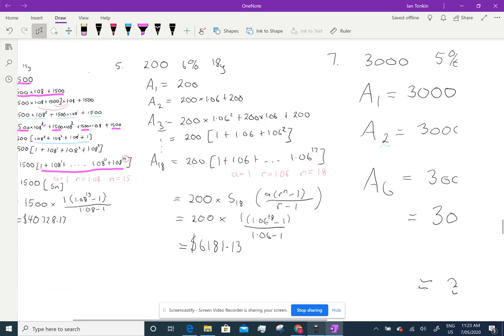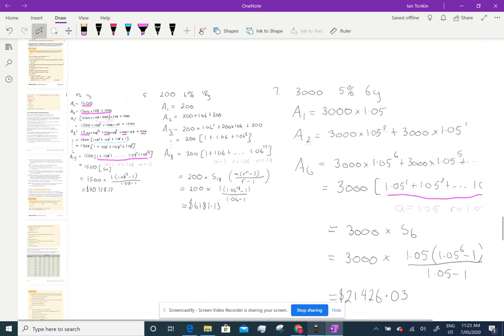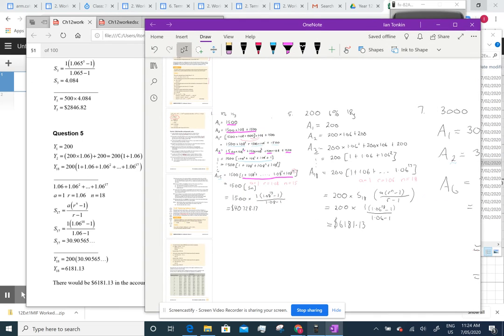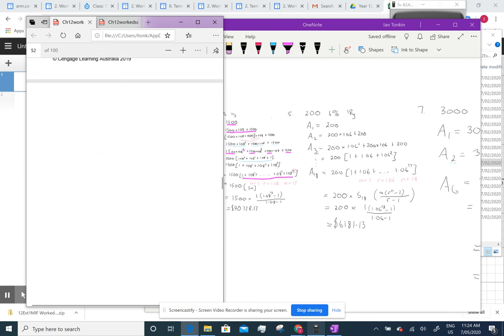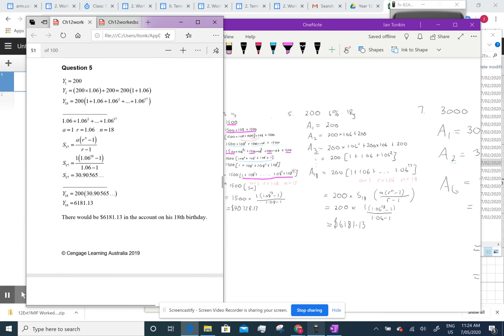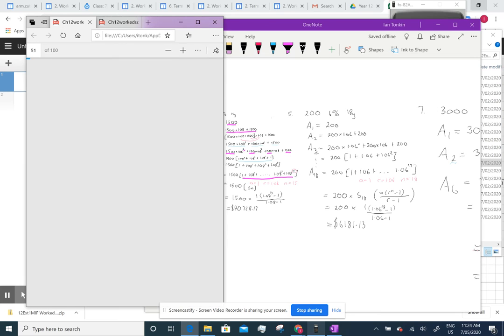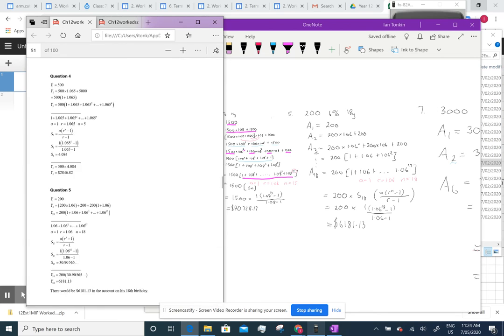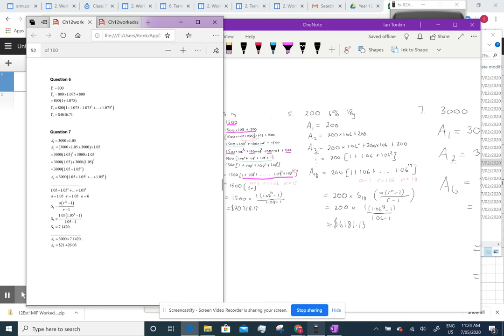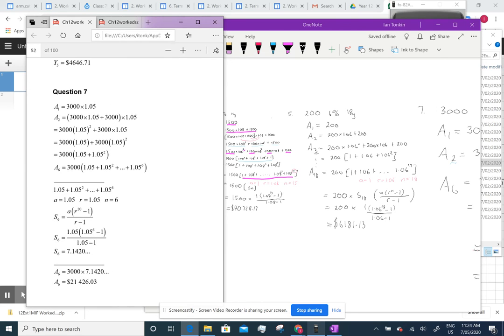Even that question 7, let's see how they did that. And if I go to question 7, oh, come on. It's not coming up. Question 4, 5, 6. Okay, so there's question 7. Look how they did it. Exactly the same way. Almost to the letter, except they found this value down here.